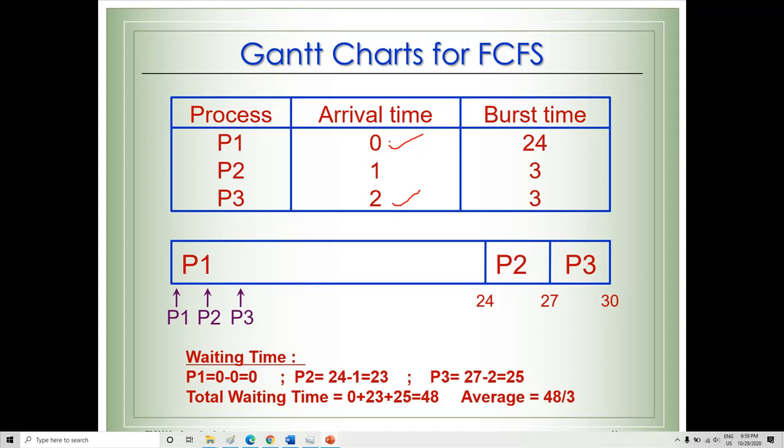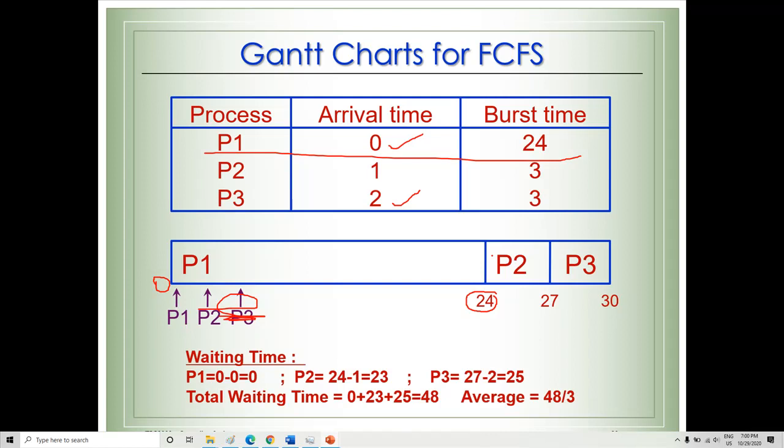Here in this example, P1 arrival time is 0, so it came to the ready queue first, so it would get the CPU first, and it can hold the CPU until its burst time finishes. So P1 is first. P1 execution starts at 0 and it holds the CPU for its burst time, 24 milliseconds.